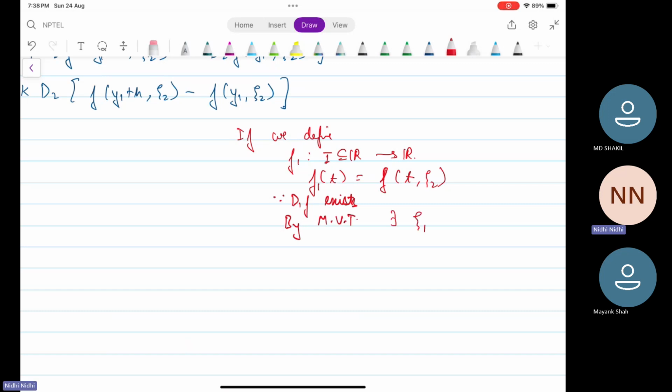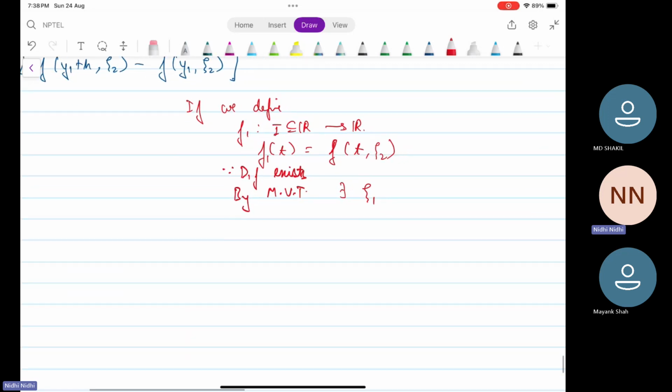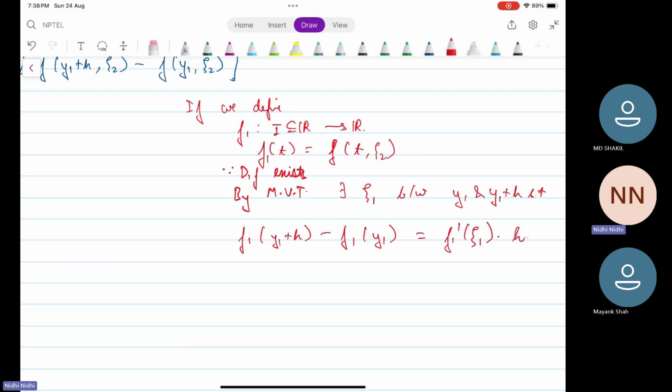I'm taking zeta 1 this time because I am in the first component. Zeta 1 lies between y1 and y1 plus h, such that f1(y1 plus h) minus f1(y1) is equal to f1 dash of zeta 1 times h.